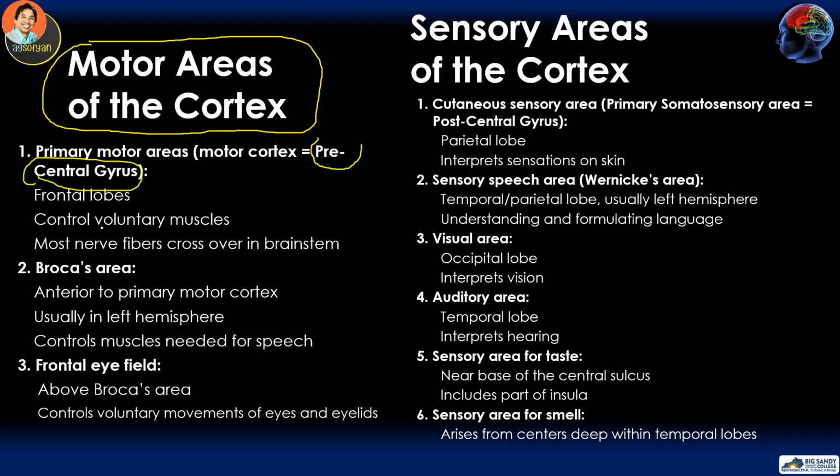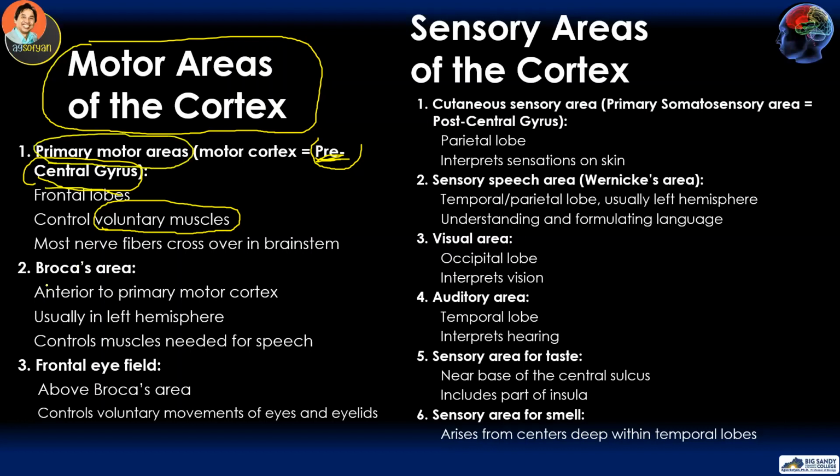And this is the one that controls all our voluntary muscle movement in our body, like our hand, our leg, okay, mouth, for example. Okay? This will be controlled by this specific area or gyrus called the precentral gyrus. Therefore, it's called the primary motor area.